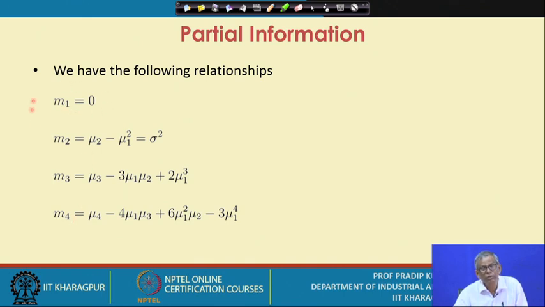Suppose you have a situation where only the information up to the first moment is known. In many cases we come across such a situation, in many factories and workplaces, whether manufacturing or service organizations.